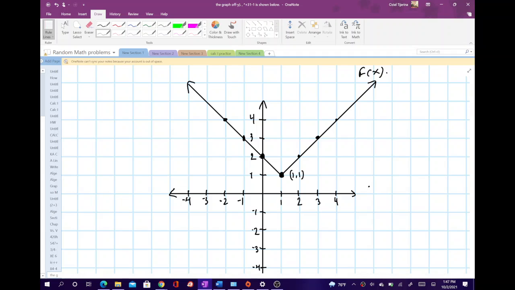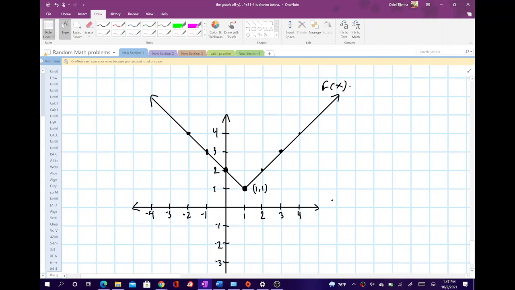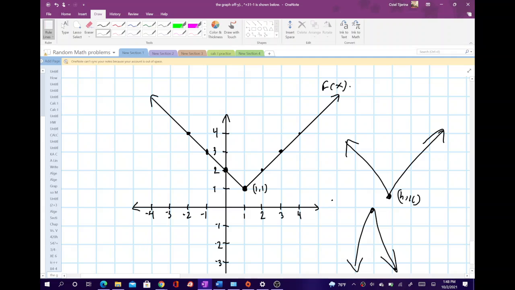Whether the graph opens like this or like this, the peak point or minimum point is always defined by h comma k.